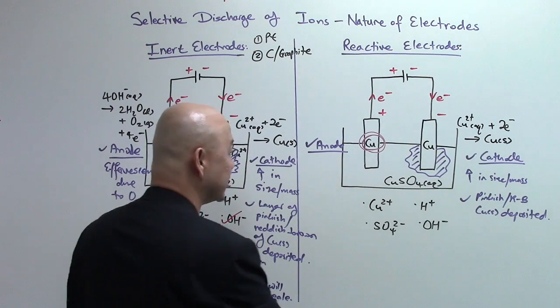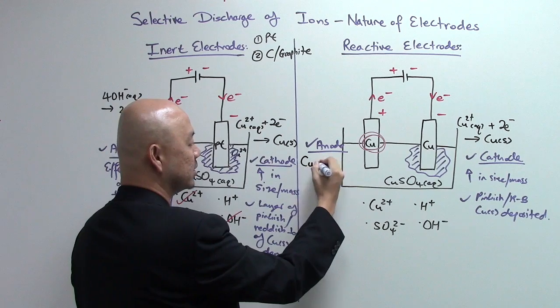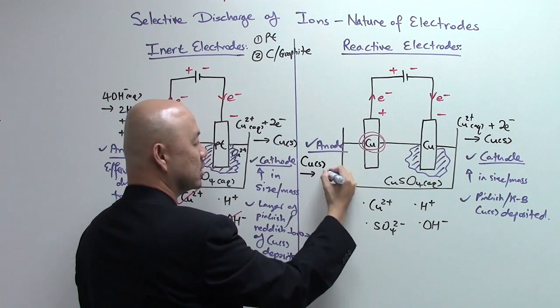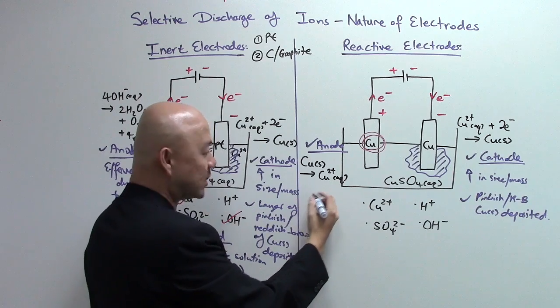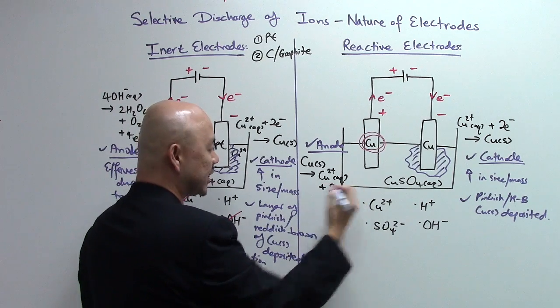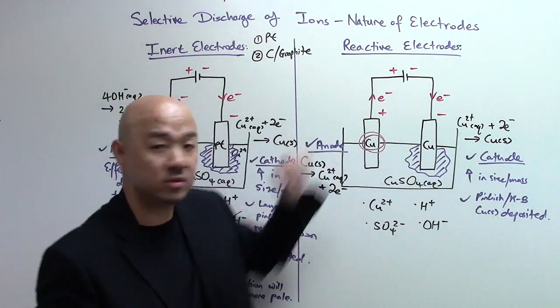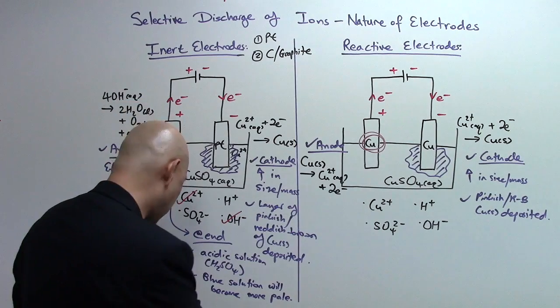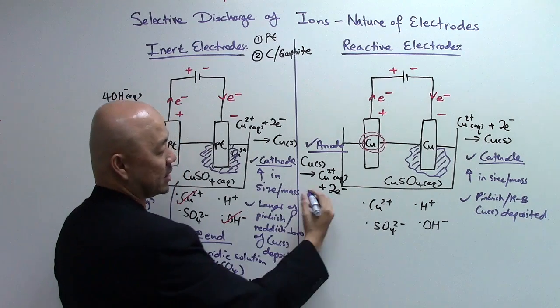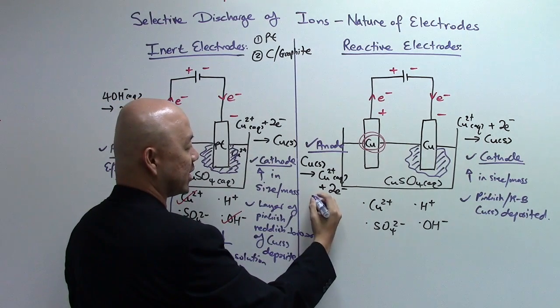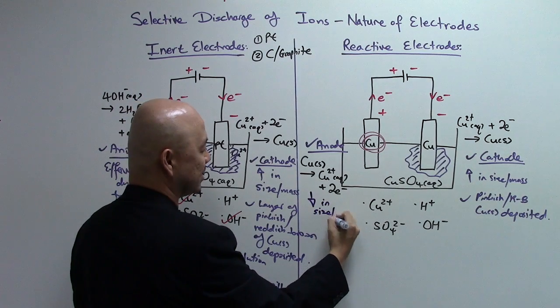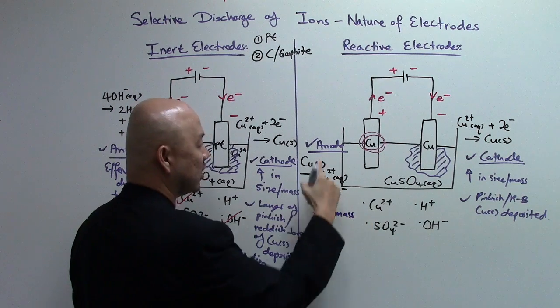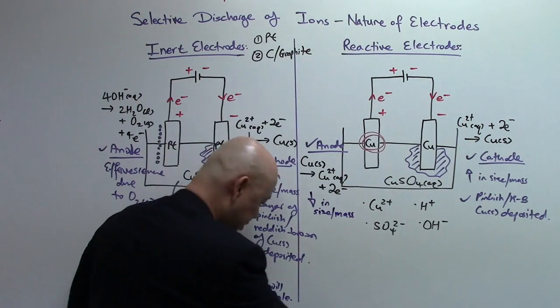So over here, the half equation will be copper solid oxidizes to become copper 2 plus ions, and 2 electrons are given out, which go back to the battery. Alright, so what do you observe at this end? You're going to see that there's a decrease in the size and mass of the anode.